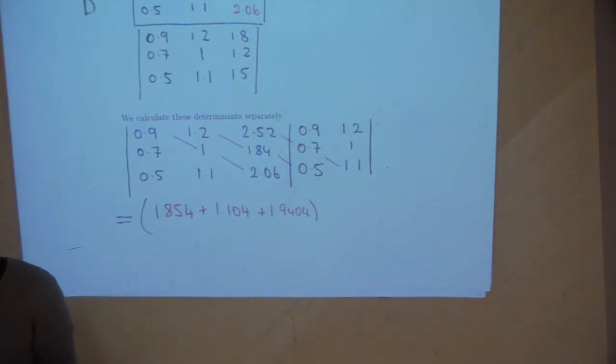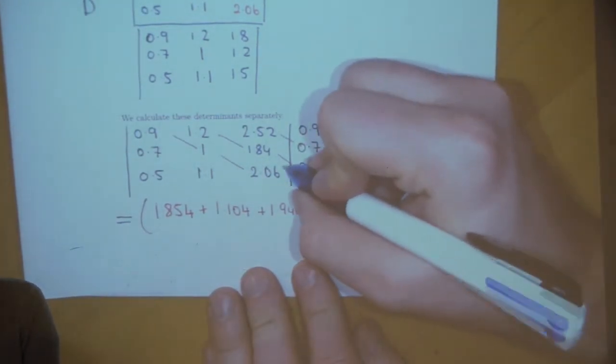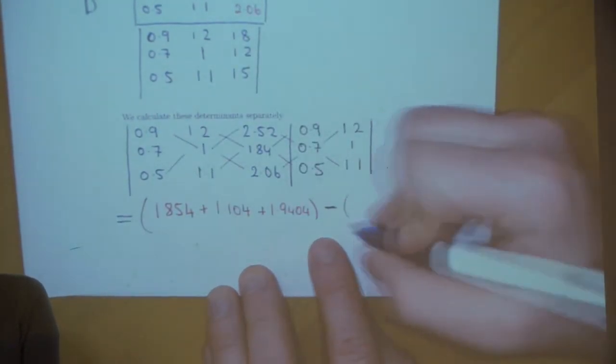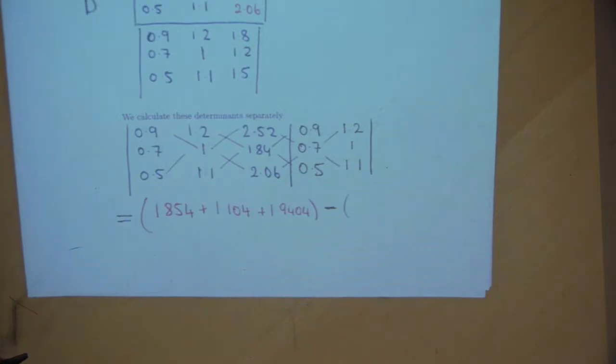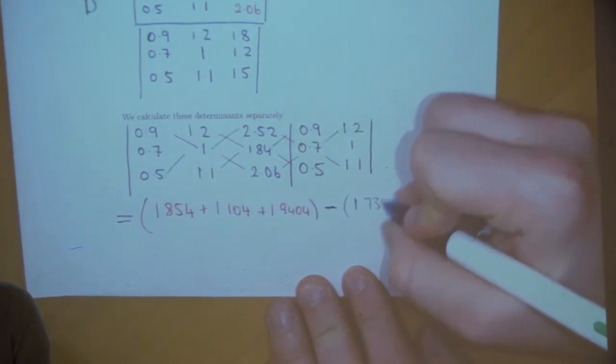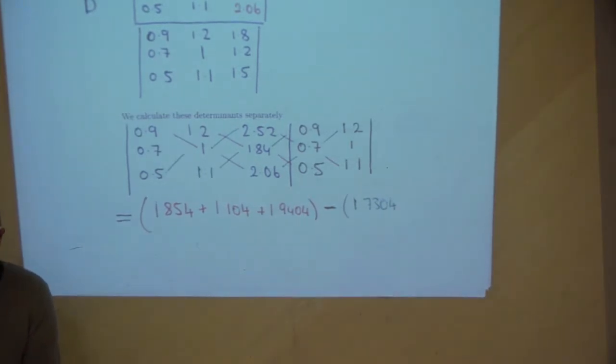Minus left-hand diagonals. 1.2 by 0.7 by 2.06, 0.9 by this by this, this by this by this. 1.2 by 0.7 by 2.06. 0.9 by 1.84 by 1.1.